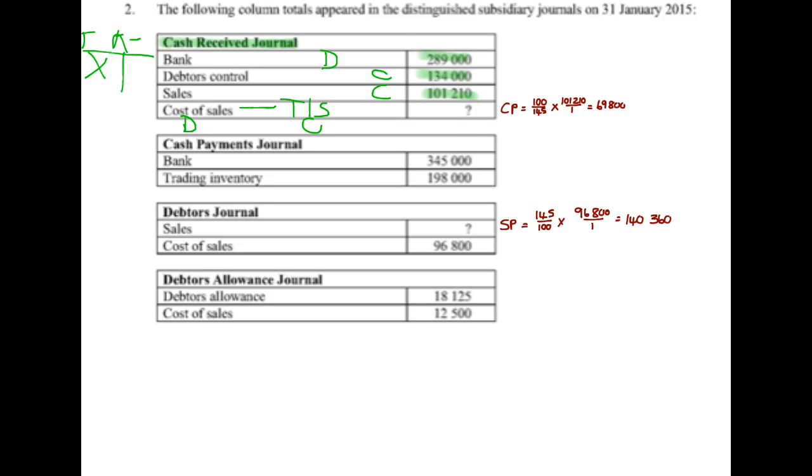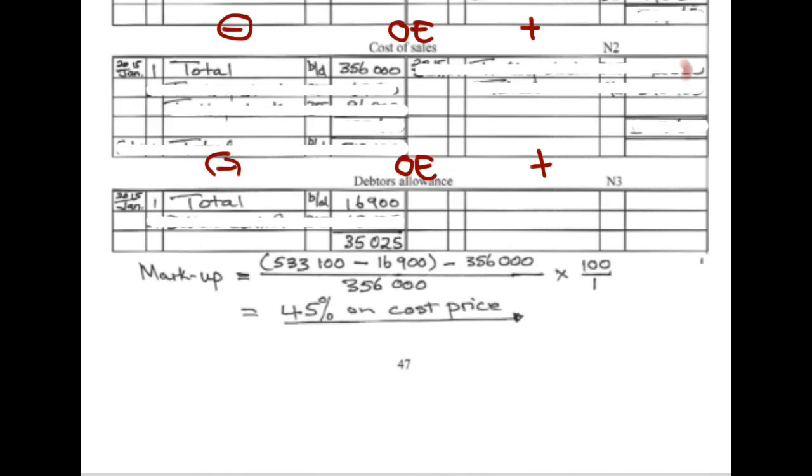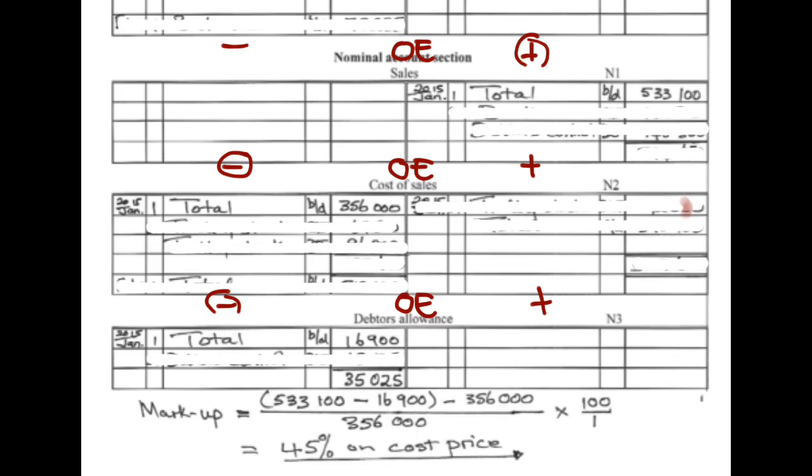So when I take this to my information, firstly I will say what's happening to bank, but then bank isn't asked. So I ignore bank and I go straight over to the next one, which is debtors control. If bank would have been the debit entry, then in debtors control I would have the credit entry telling me that bank would have been the debit of 134,000 Rand. Then in sales, same thing applies.